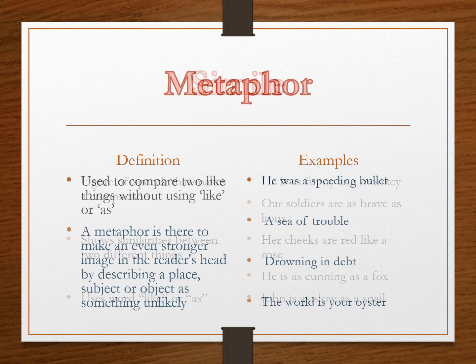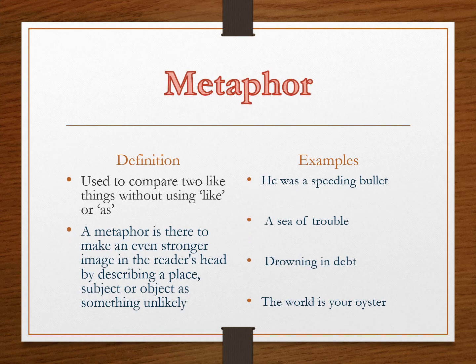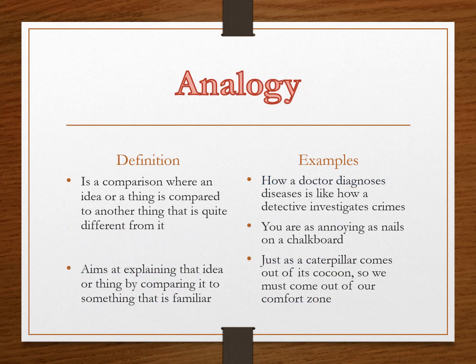On the other hand, metaphors don't have the as and like, so it's a stronger expression. It makes it even stronger in the reader's head. A sea of trouble, drowning in debt, for example. Then we've got analogy, where you say something like, you are as annoying as nails on a chalkboard.